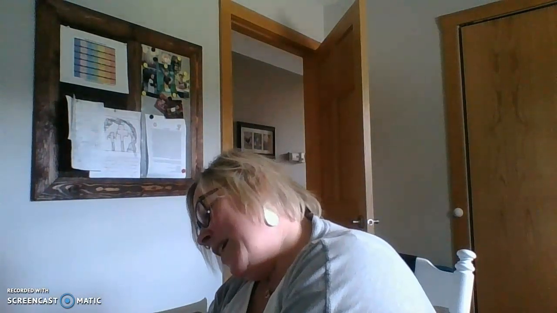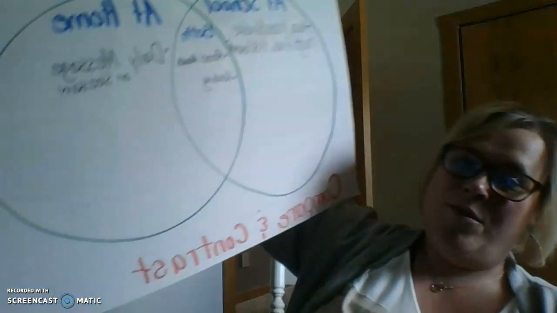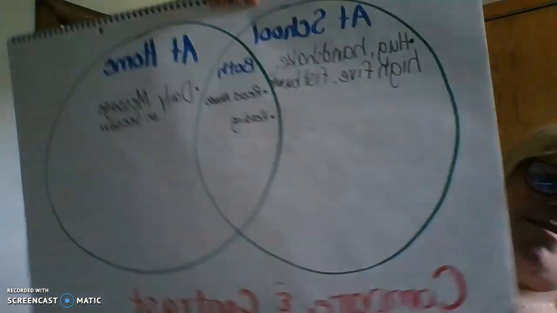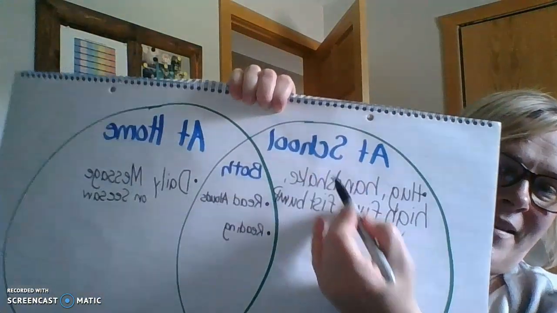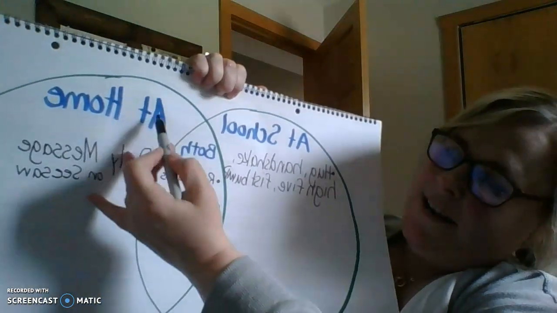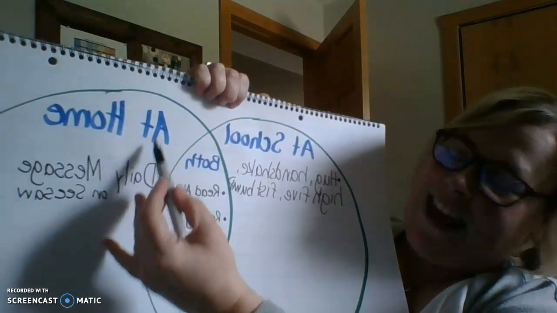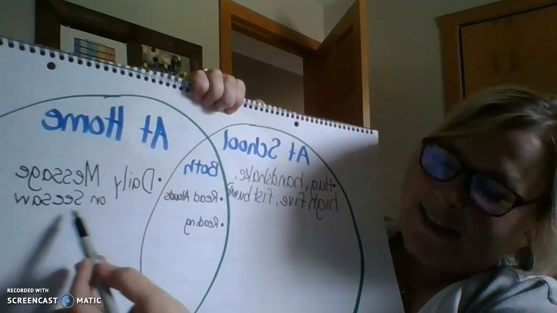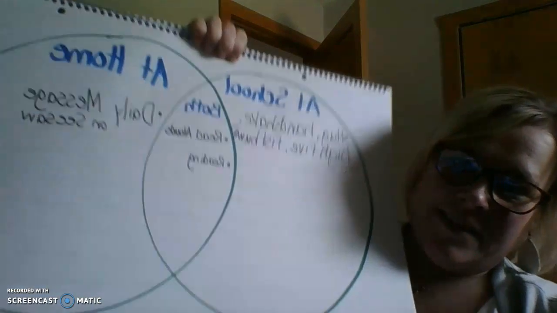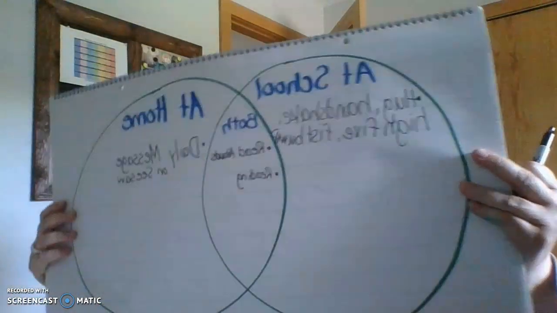On Seesaw, we use Seesaw a little bit at school, but boy, you use Seesaw a lot at home. So that would go on that side under the at home side, sorry. Daily message on Seesaw. So this is a Venn diagram and you're going to complete that.